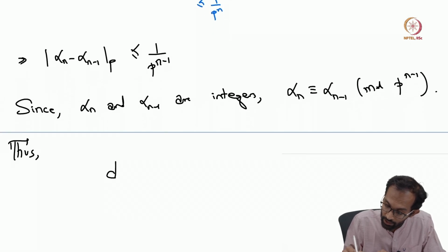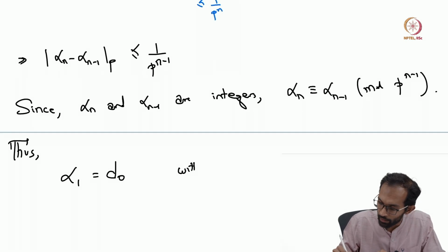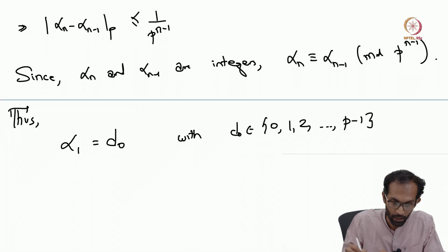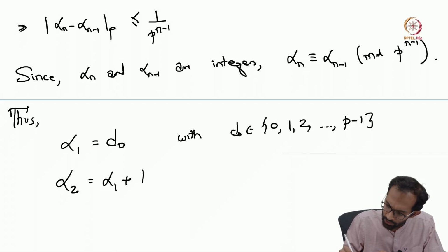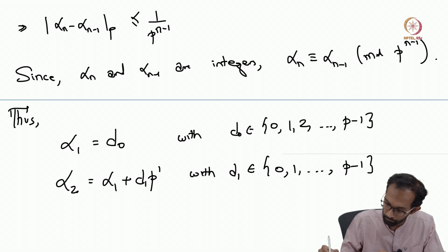So we have this digit d0, which is what we call alpha 1, where d0 belongs to 0, 1, 2 up to p minus 1. Now if you look at alpha 2, again by construction this is alpha 1 plus d1 p raised to 1, with the property that d1 is also between 0 and p minus 1.